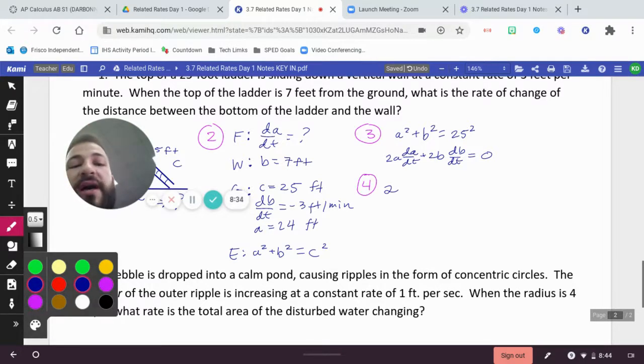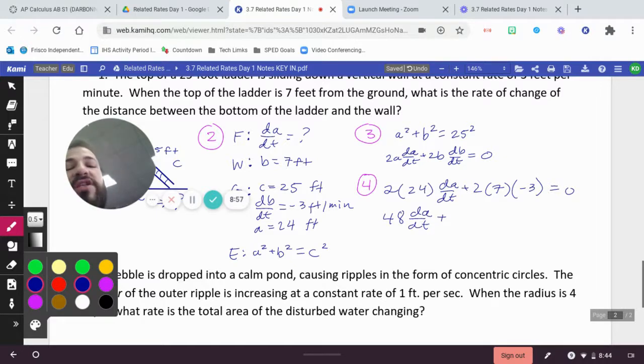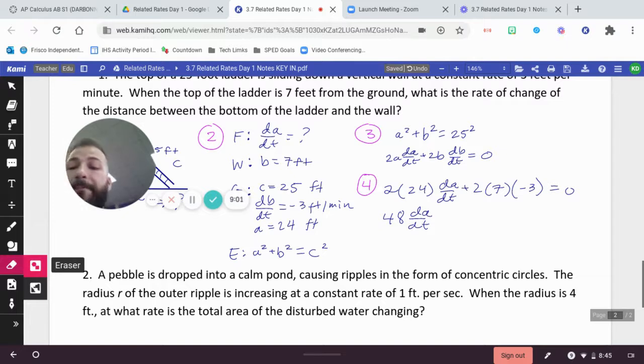So we have 2 times A, which is 24, times dA dt, which we don't know, plus 2 times 7 times dB dt, which is negative 3, equals 0. So this is 48 dA dt plus 2 times 7 is 14 times negative 3 is 42. So not plus, it would be negative 42.